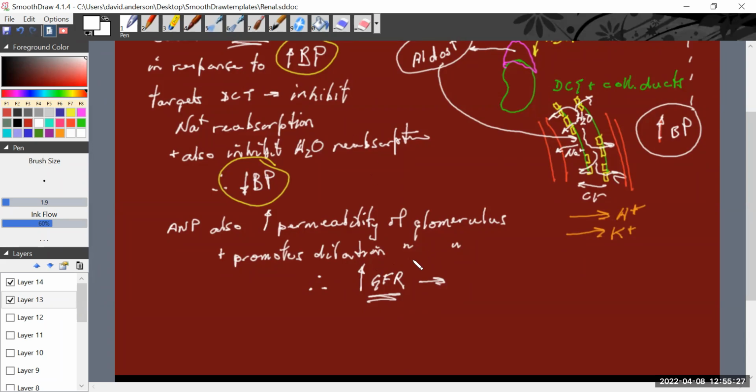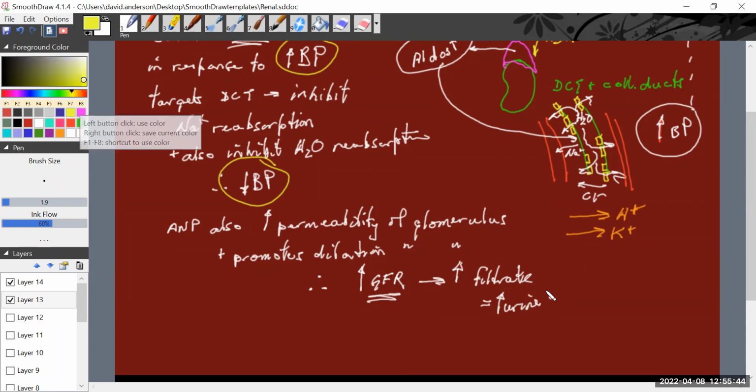So when we get that increased glomerular filtration rate, we get more filtrate, and that's more urine, right? And that means more loss. So we're going to have a negative feedback impact on blood pressure, because now we're creating more urine under those circumstances. Does that make sense?